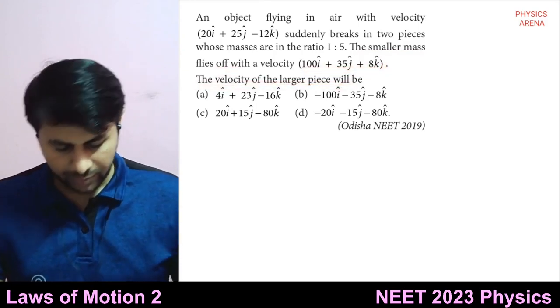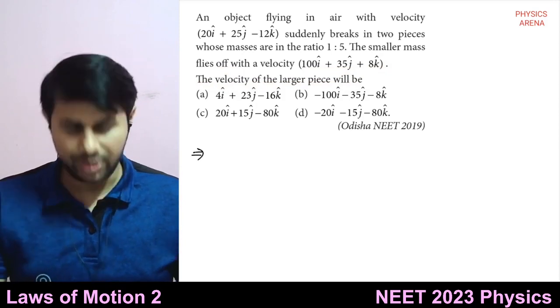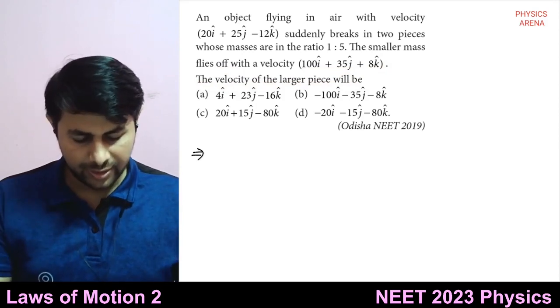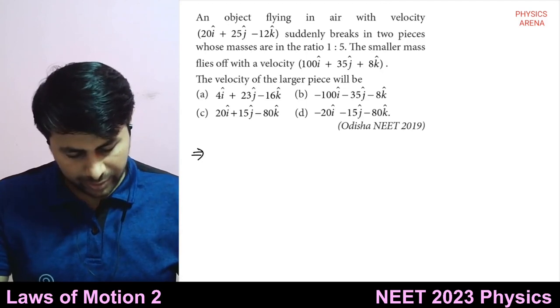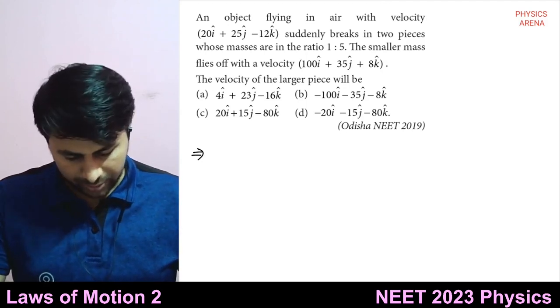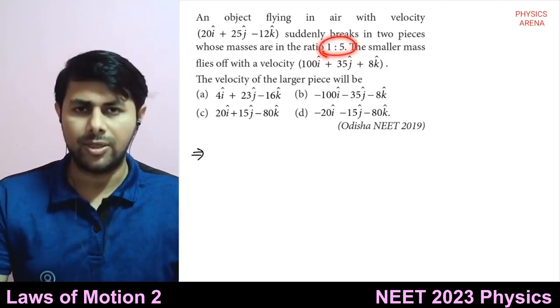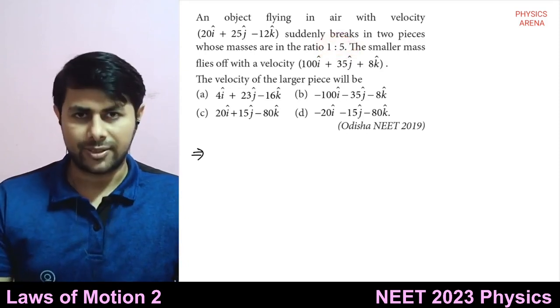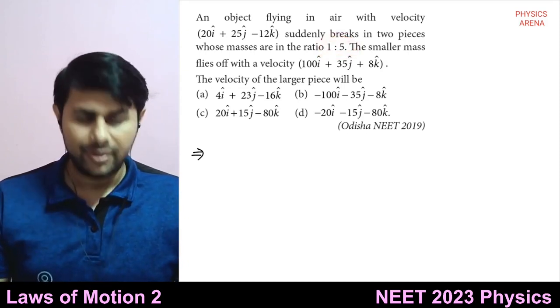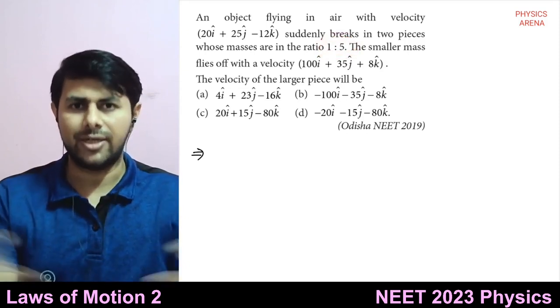So we can say the initial momentum before breaking is equal to the final momentum, right? Now it is breaking into how many parts? Total mass is 6m, breaking into 2 parts.